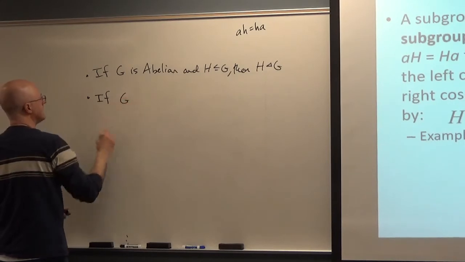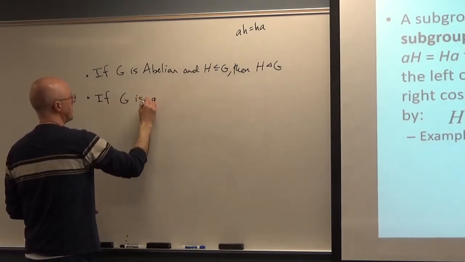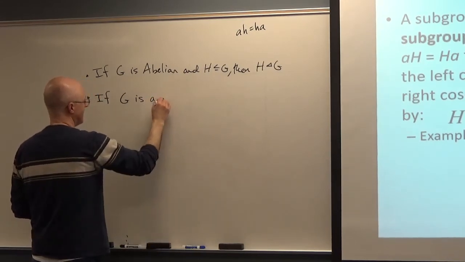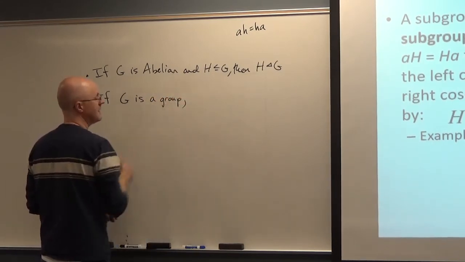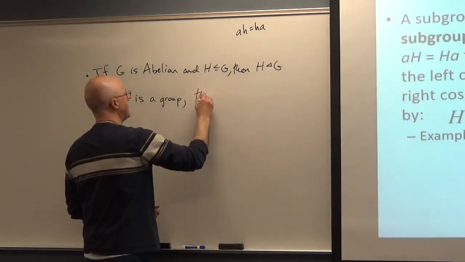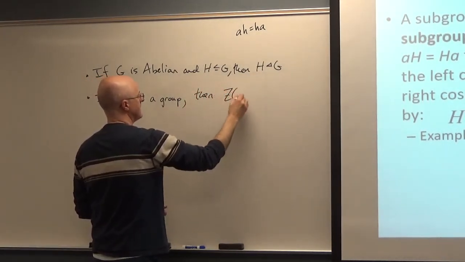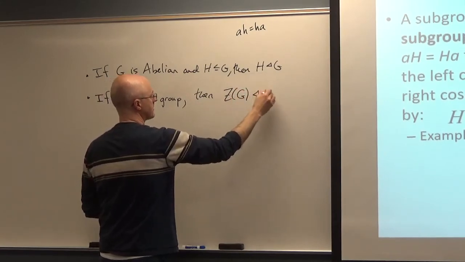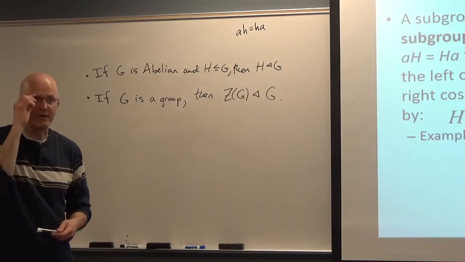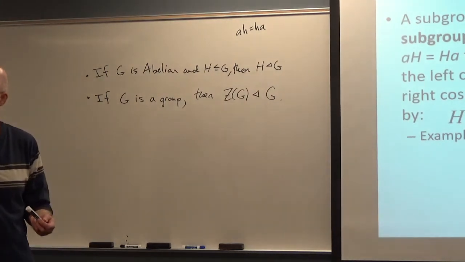In general, if G is a group, abelian or not, then the center of the group is always a normal subgroup of G. Though the center could be trivial, right? It could be just the identity.